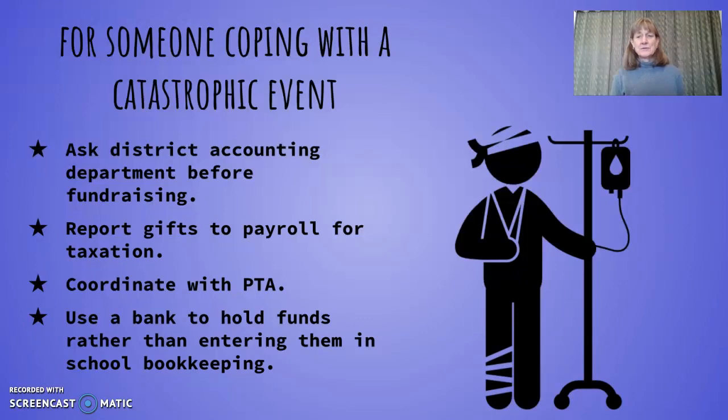And a lot of times you can coordinate with the PTA to do this. They're an established organization. They may already know what kind of guidelines to follow, and they may be able to hold the funds for you. And either in coordination with the PTA or without them, you really should not have those funds be held within the school accounting system. You should consider using a bank to hold the funds.